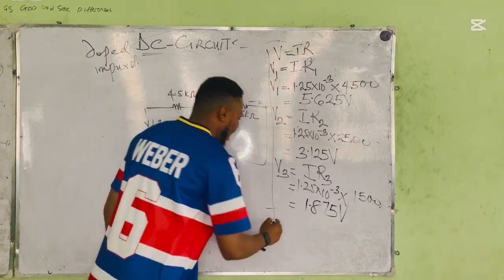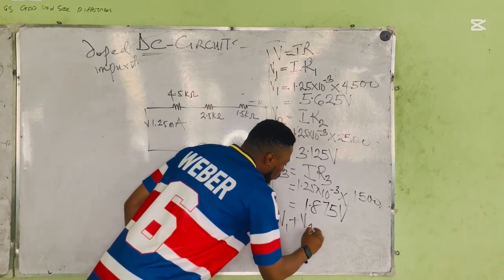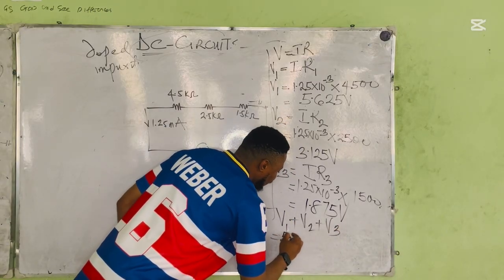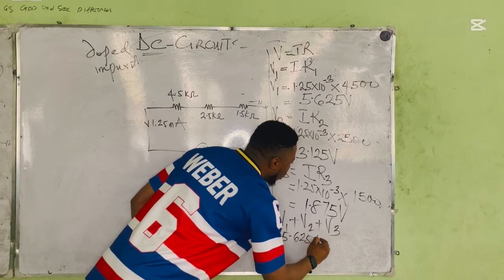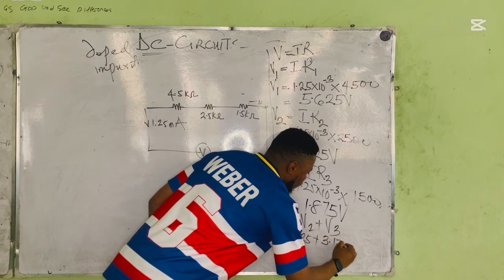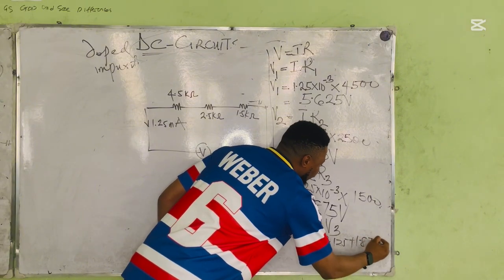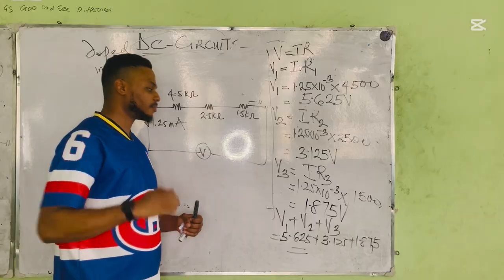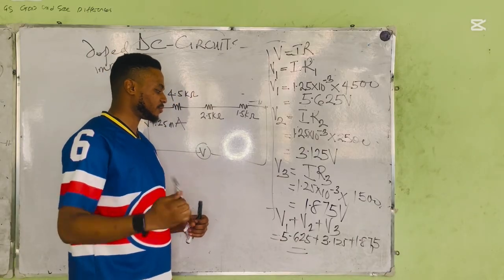So when we add V1 plus V2 plus V3, it will be 5.625 plus 3.125 plus 1.875. What would this summation give us? Confirm that.